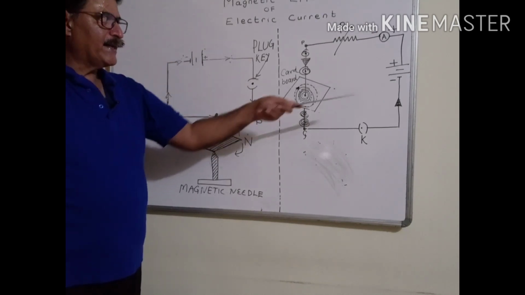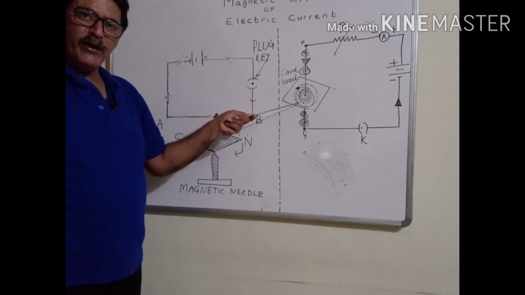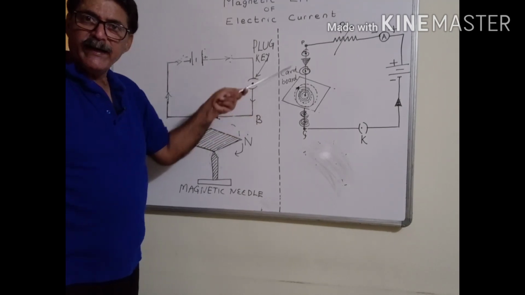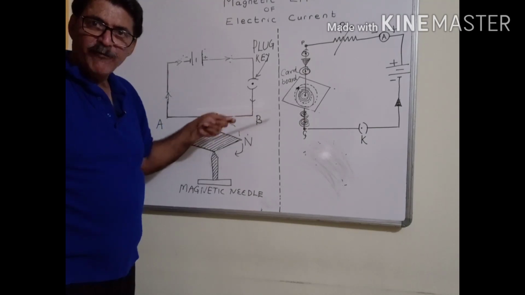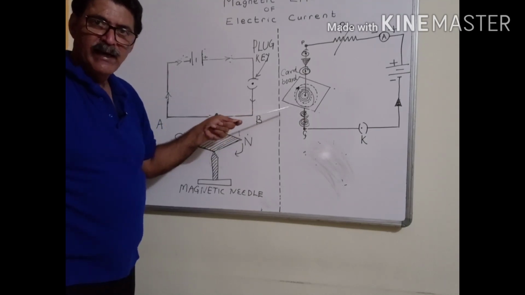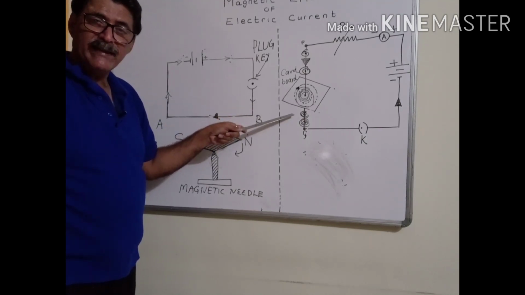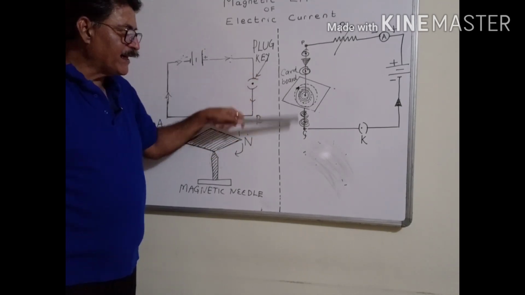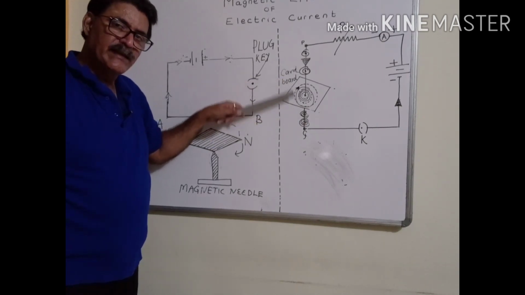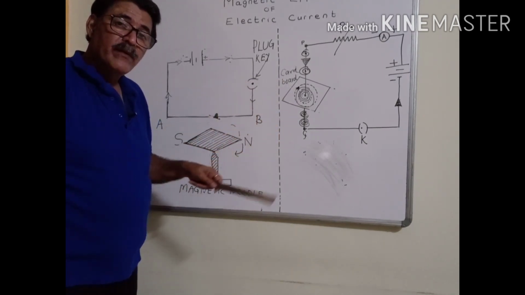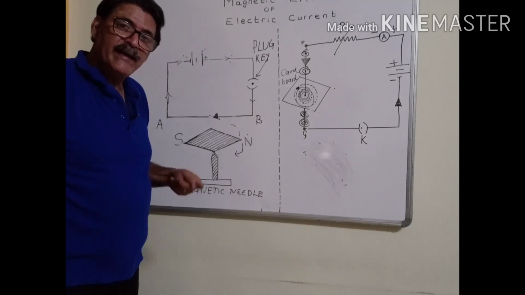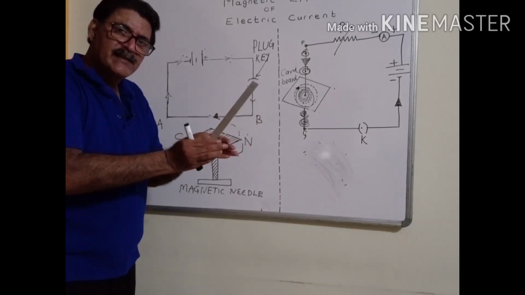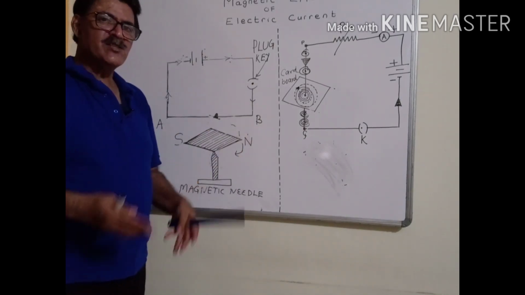Then the second point you will say is that the magnetic lines of force for a current carrying straight conductor are in the form of concentric circles. Then you will also make a point saying that if the current passing through the conductor is increased, the intensity or the strength of the magnetic field will also increase, which can be seen by the concentric circles coming nearer. So if you make these points, that's enough.